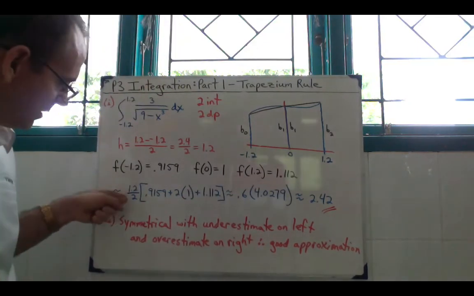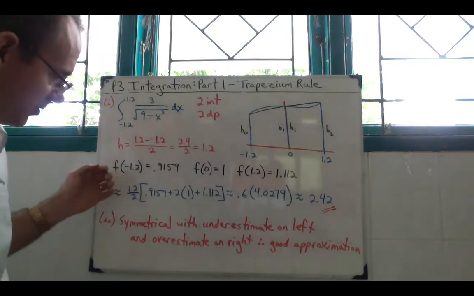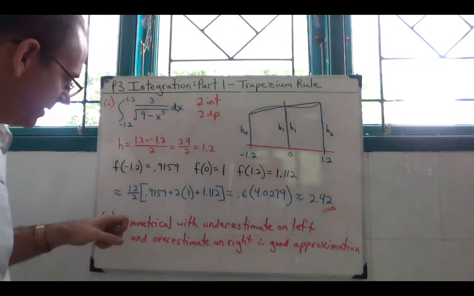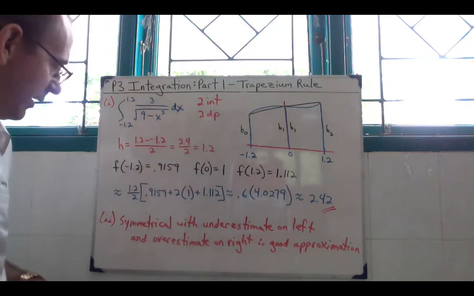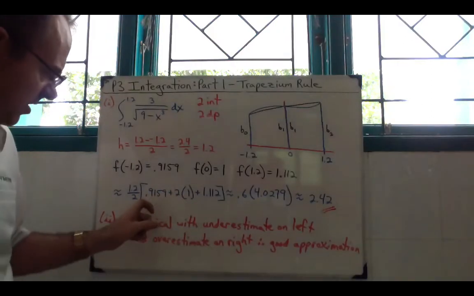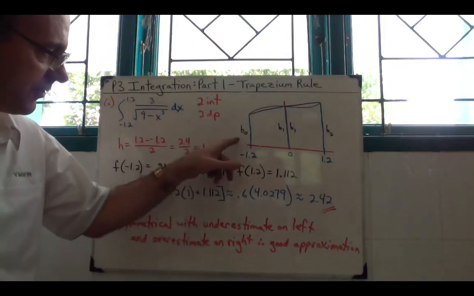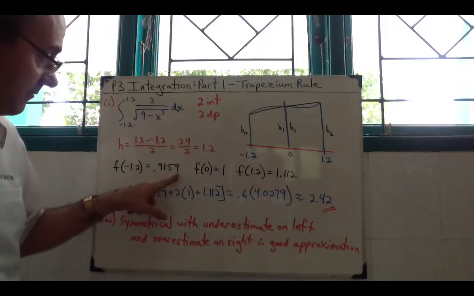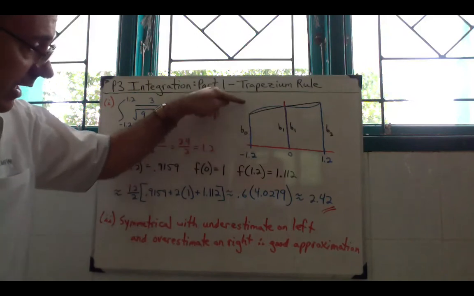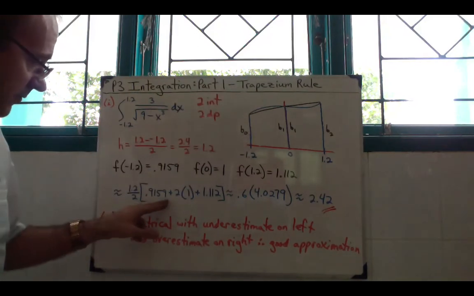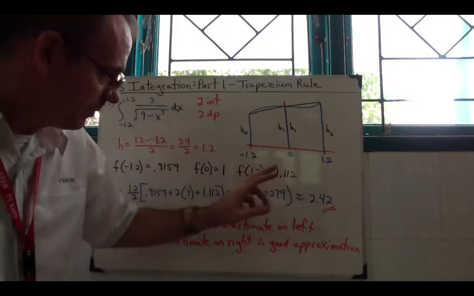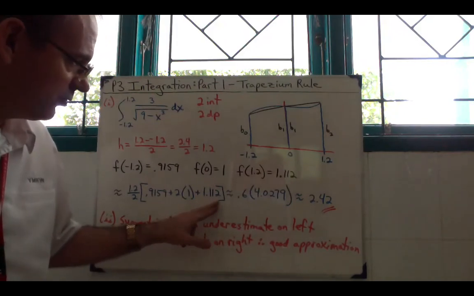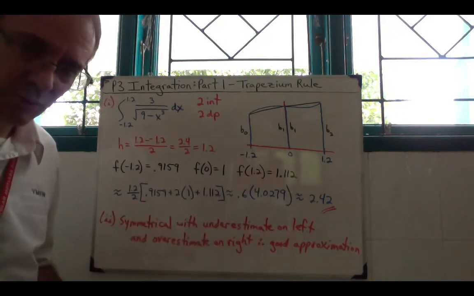Height divided by 2. This is your 1/2 times the height. Our height was 1.2 times, then you put in the bases. The first base was 0.9159. Remember, you're putting in the heights here, 0.9159. The last base was 1.12. Those are only counted once.